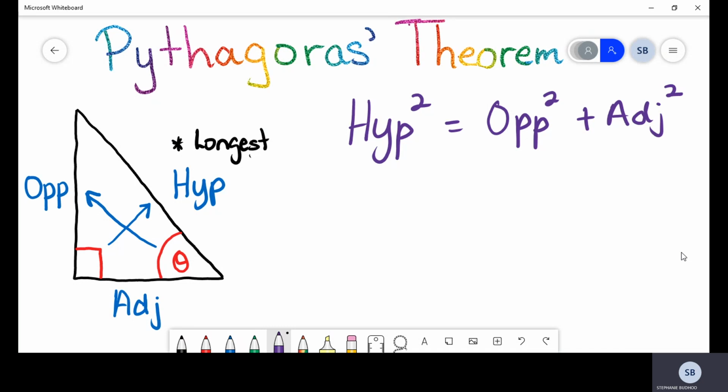Now, do not make the mistake and find the sum of the two sides and then square it. These are not equivalent to each other.